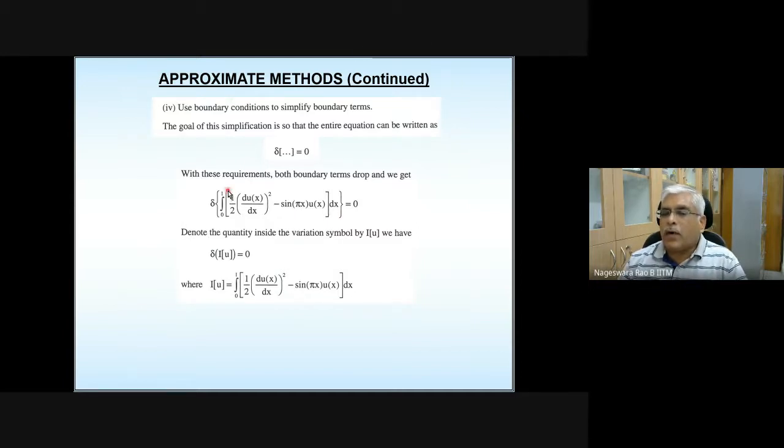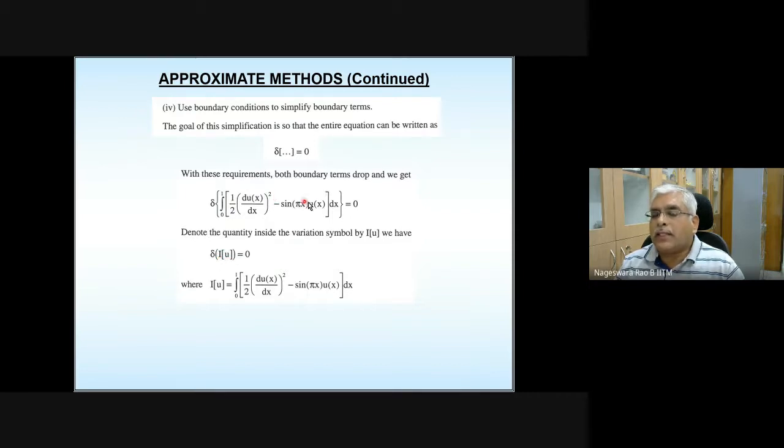And please note that whatever is there in this square bracket, everything is function of u. And that function of u is written in this manner, because integral is also there. It is written as iu.